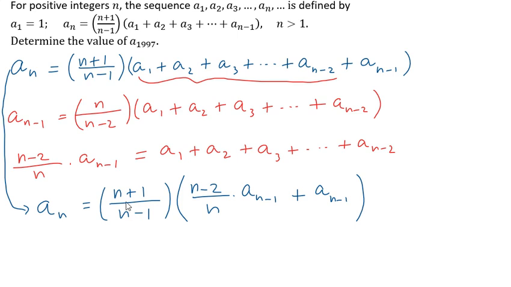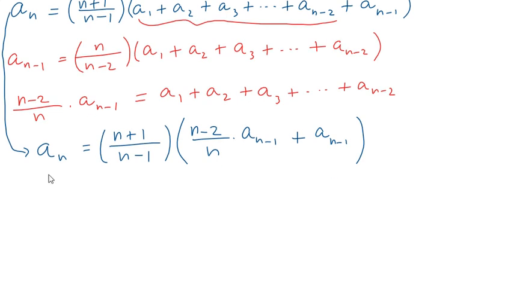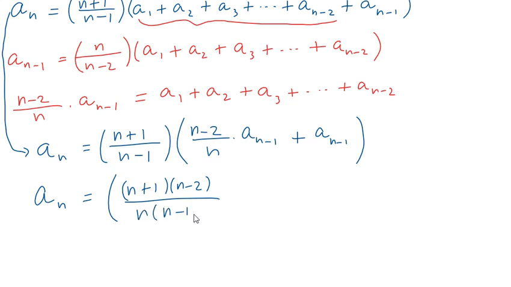Now I'm going to distribute (n+1)/(n-1) and then factor out a_(n-1). So we have a_n equals (n+1)(n-2)/(n(n-1)) plus (n+1)/(n-1) times a_(n-1).